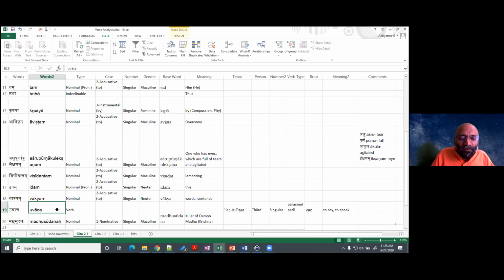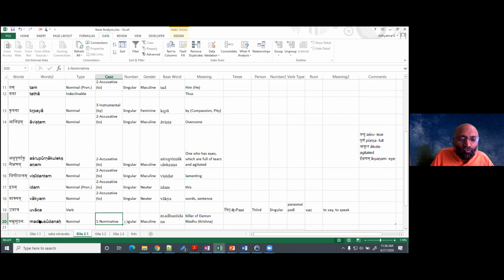Once you identify these are all the words in the sentence, and once you identify the verb, you have to see what is the subject of the verb. And for that, the first case would be the subject. Out of all these words, only one word is in the nominative, first case.